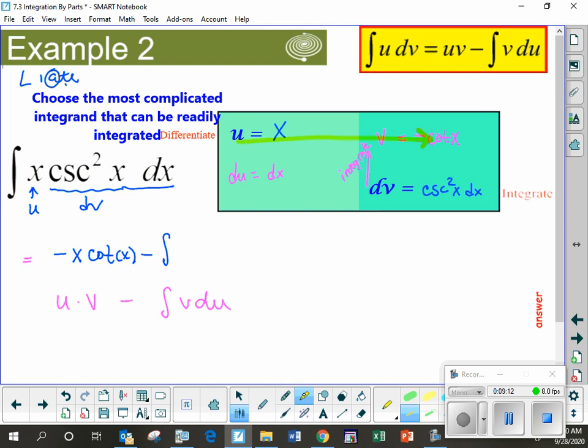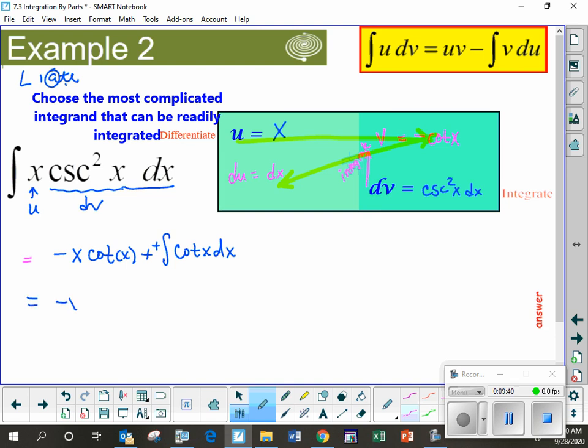And then in this box, I come back across the diagonal, and that is the v du pattern. So I'm going to have a negative cotangent x dx. And looking good. That'll be positive, won't it?